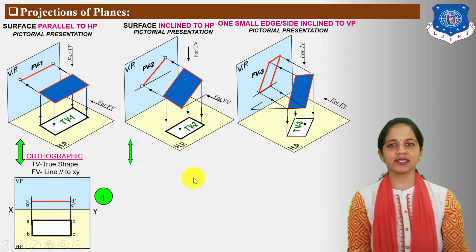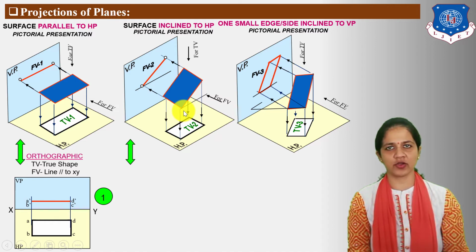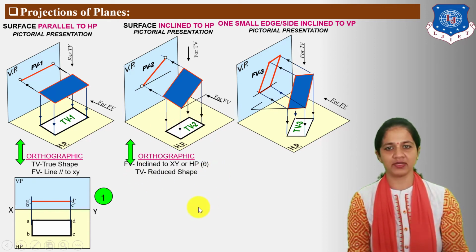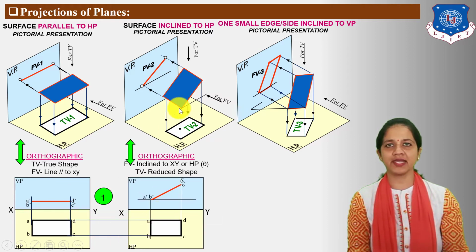Next, let us understand orthographic or 2D drawing of the second case. In the second case, the front view is inclined to XY or HP at an angle theta and the top view is a reduced shape. So here you can see the top view is a reduced shape and the front view is an inclined line.